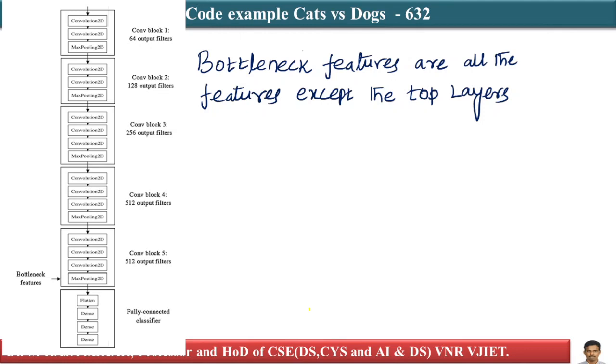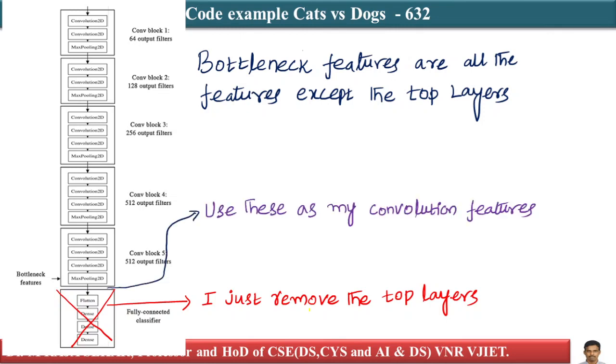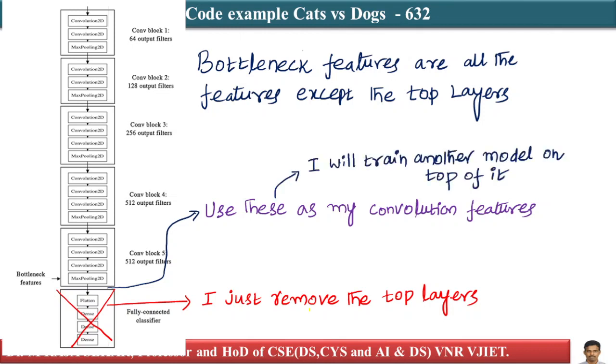Bottleneck features are all the features except the top layer. We already discussed this many times. I just remove the top layers, and I will use these as my convolution features. I will train another model on top of it.